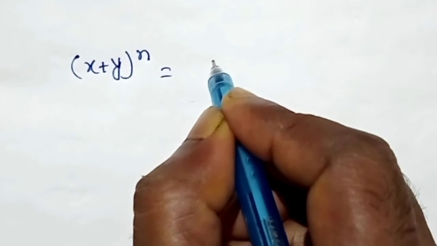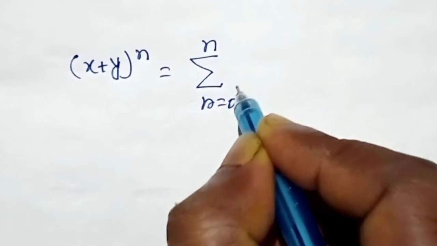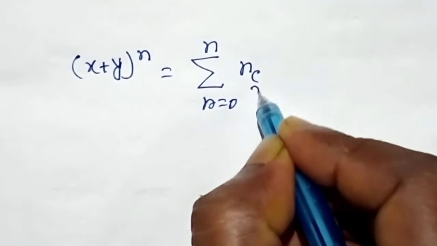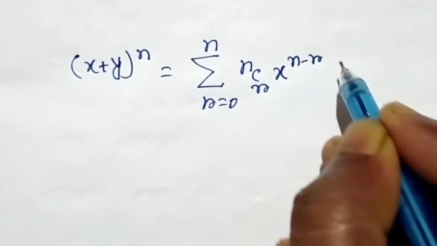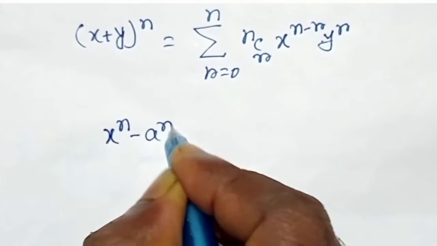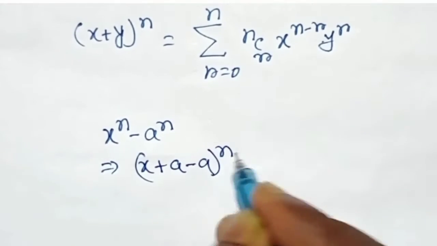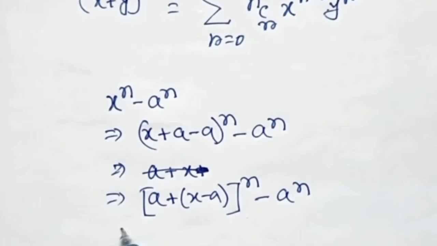So guys, from binomial theorem, you know the formula of (x plus y) power n equal to summation r equal to 0 to n nCr x to the power n minus r y to the power r. So guys, let's write it as a plus parenthesis x minus a power n minus a to the power n.